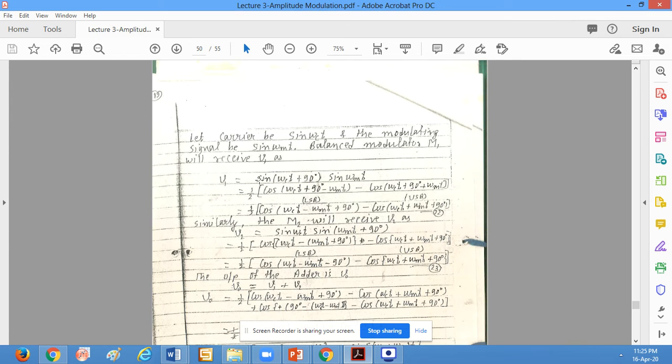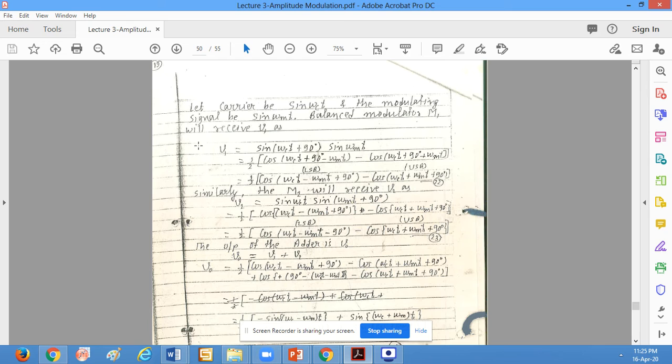Then using the formula sine A sine B is half of cos of A minus B minus cos of A plus B, this will form the lower sideband, this will form the upper sideband, and we arrange the terms like this. Similarly, for M2, the carrier is given directly and the message signal is given with the 90-degree phase shift. Again, using the same formula sine A sine B and arranging the terms, we have the lower sideband and the upper sideband. Now, how can we get the SSB?